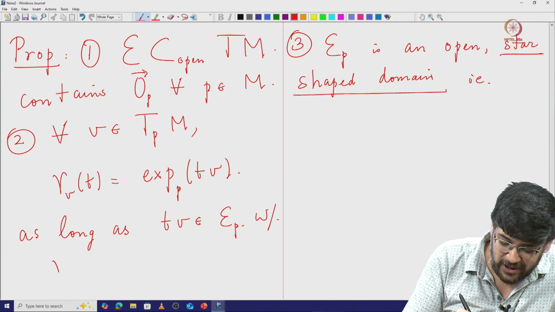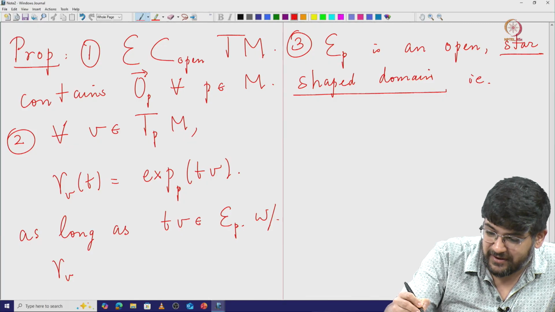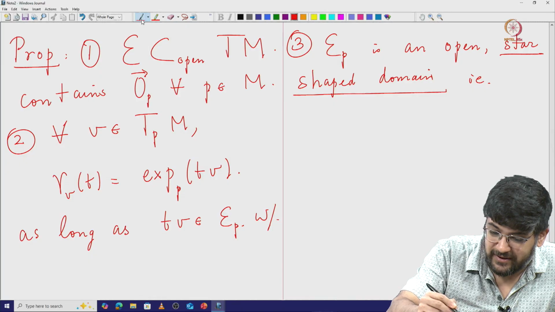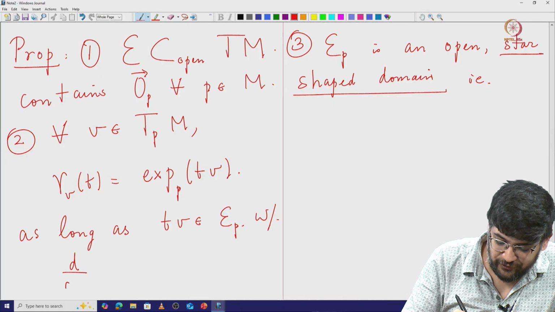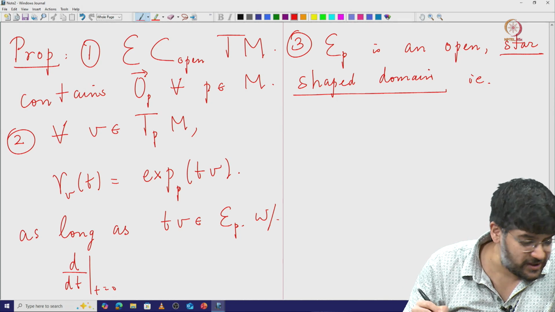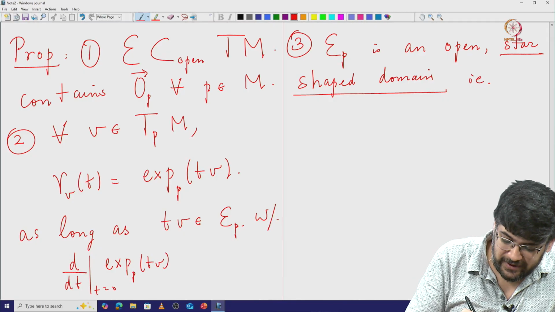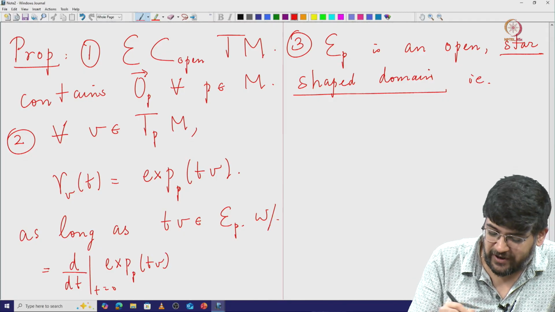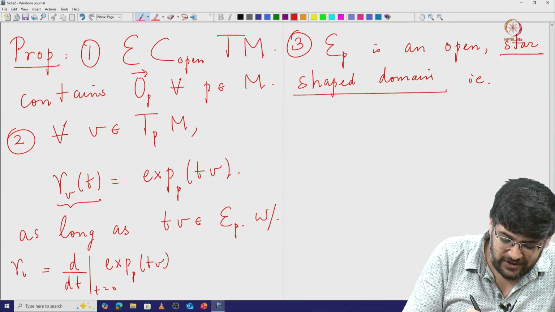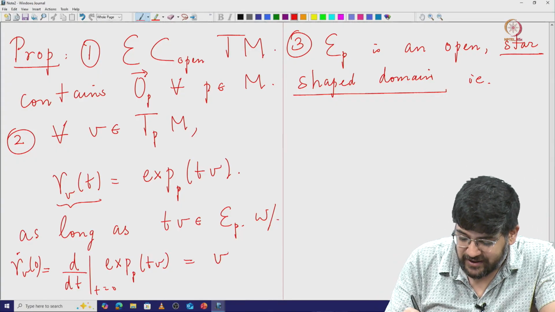You have the key formula: if you now differentiate exp(tv) at t equals 0, then by what I have written, exponential of tv is precisely this geodesic, so this will be gamma_v dot at 0, but by definition that is just v, okay.